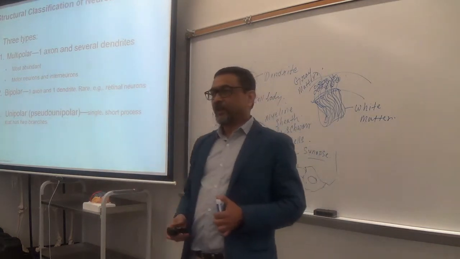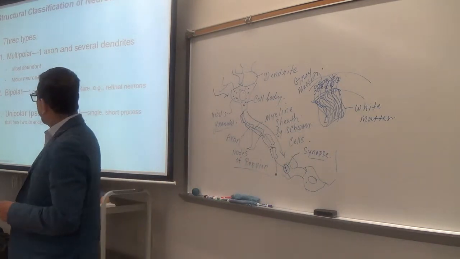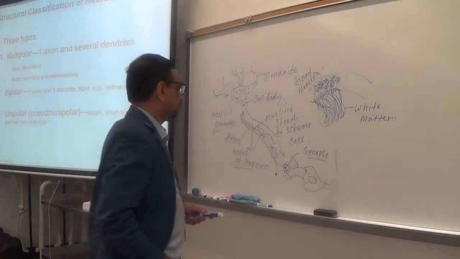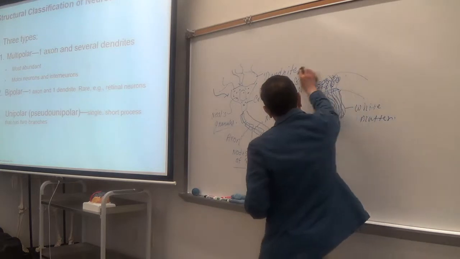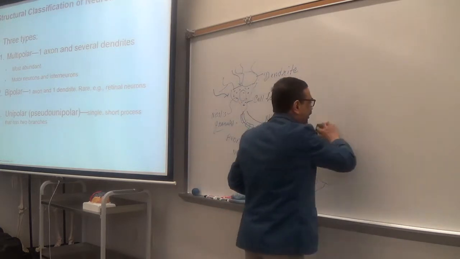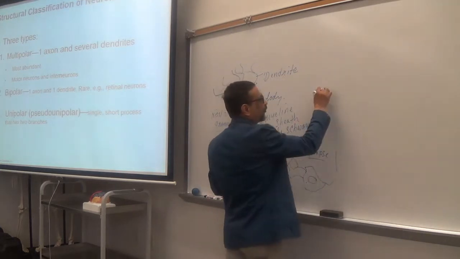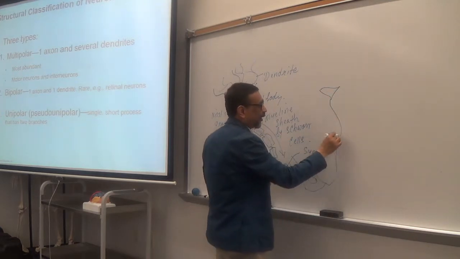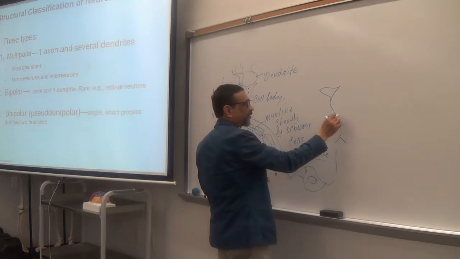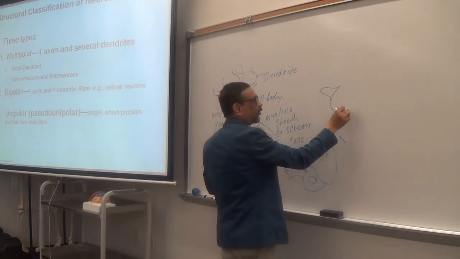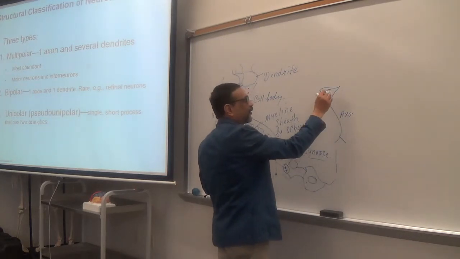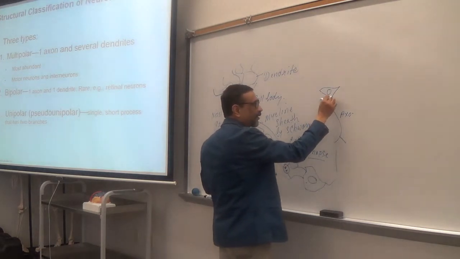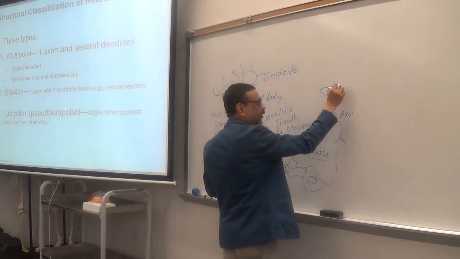Now, neurons can be three different types: multipolar, bipolar, unipolar. This is simple. Some neurons have only one axon, no dendrite. The axon is attached to the cell body this way.